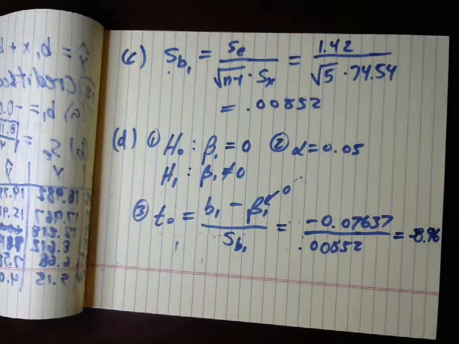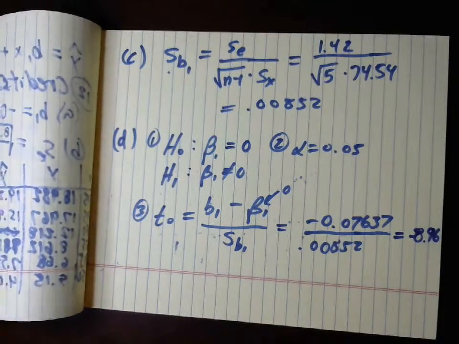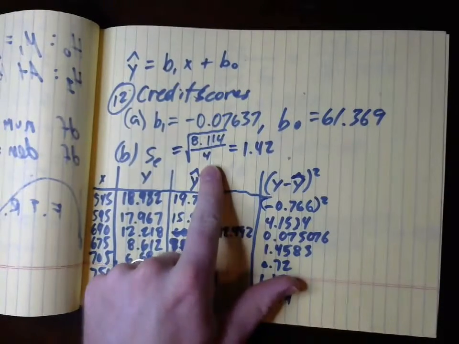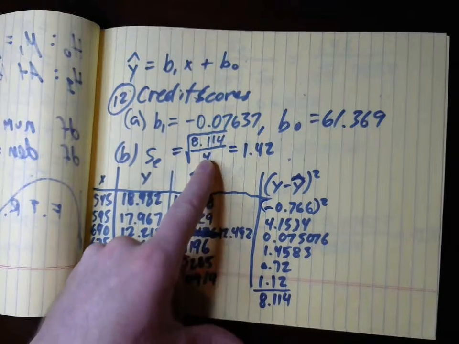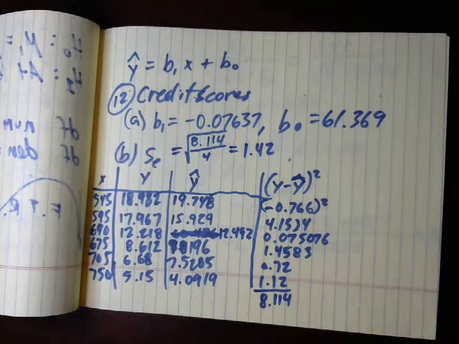Now, as for a critical value, remember that we divided by n minus 2 back here. The reason we divide by n minus 2, that's our degrees of freedom. Our degrees of freedom this time is n minus 2. And the reason we're subtracting 2 is because we have two unknowns.